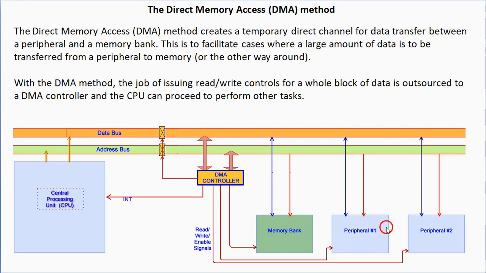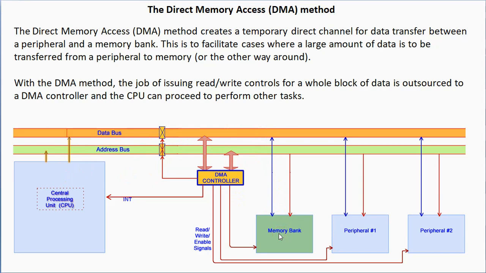Typically, in such situations, the CPU is acting as the intermediary. It reads data from the peripheral and holds it temporarily in its accumulator, and then it performs a write operation to memory by passing its accumulator through the data bus to memory to write the data.